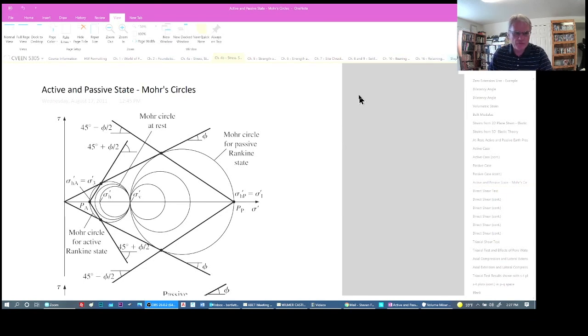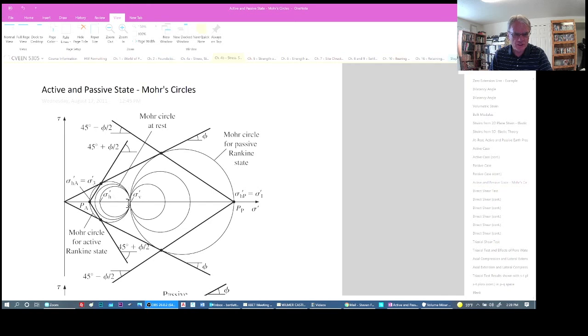The first one is for the active case. So in this case, the sigma h is decreasing as we pull the wall away from the soil mass until we reach a failure state here when we touch the Mohr circle, which is sigma h is equal to sigma 3.